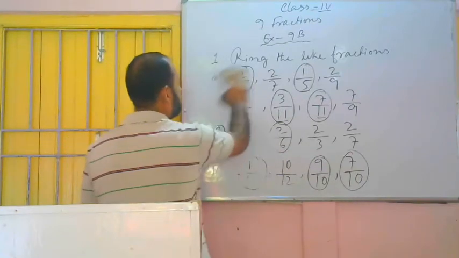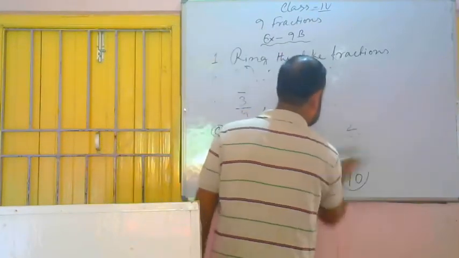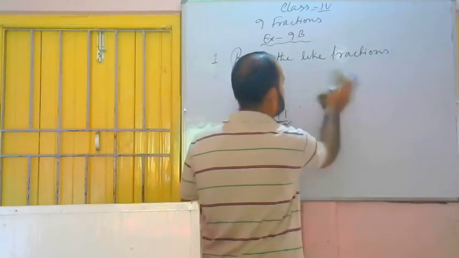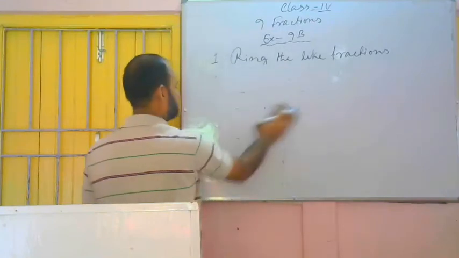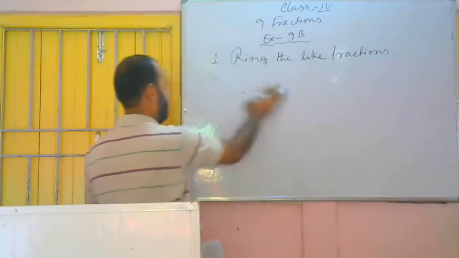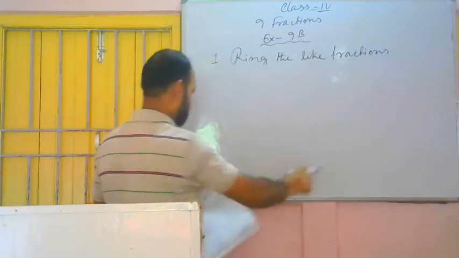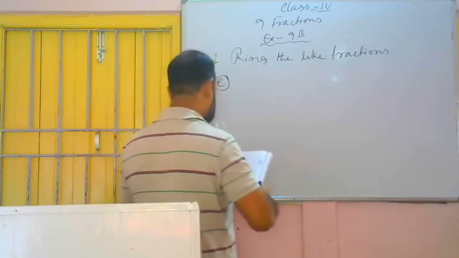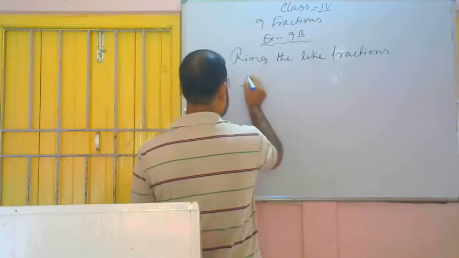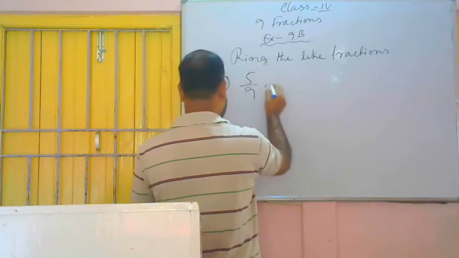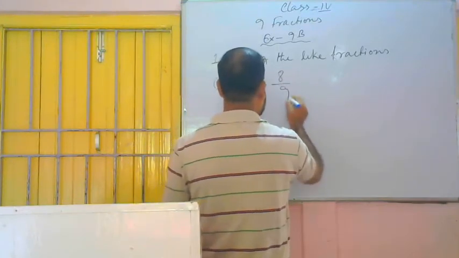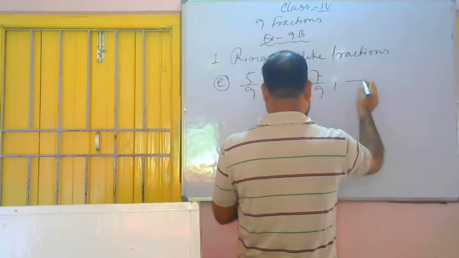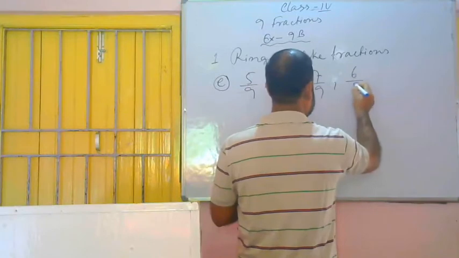Next question, question number E. Here 5 by 9, 8 by 9, 7 by 9 and 6 by 9.